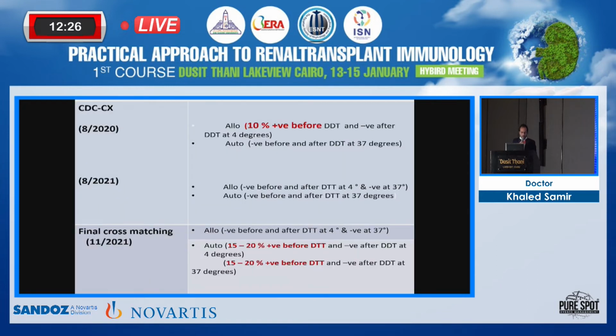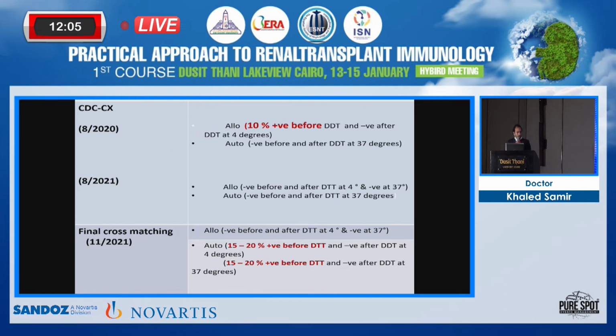Her CDC cross-matching in August 2020, in total allo, was 10% positive before DTT, but negative after DTT at 4 degrees, and negative before and after at 37 degrees. The second was done after 1 year, last August. It was negative before and after DTT at 4 and 37 degrees.